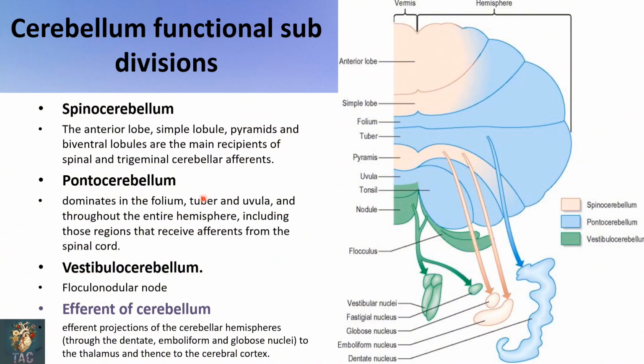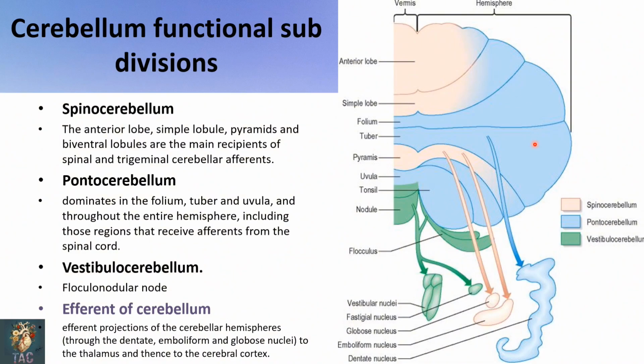Next is the pontocerebellum. It is also called the neocerebellum. This pontocerebellum is very well developed in human beings. It carries the cerebro-pontocerebellar pathway, and it dominates in the folium, in the area of the tuber, and in the area of the uvula, and throughout the entire hemisphere.